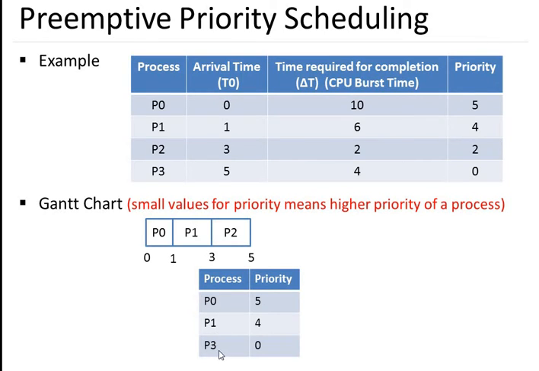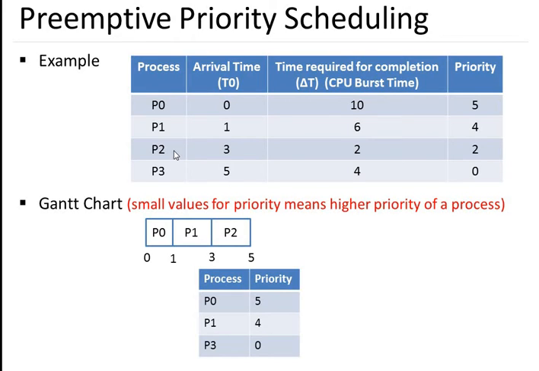Among these processes, 0, 4 and 5, you have process P3, which arrived at unit 5. It is just a coincidence in this numerical that process P2 is also completed and process P3 also arrived at this 5 unit.